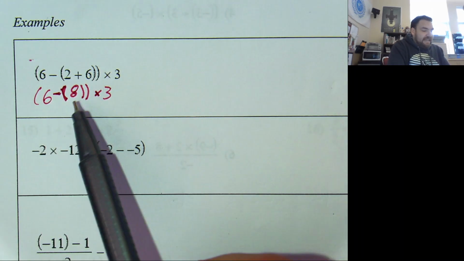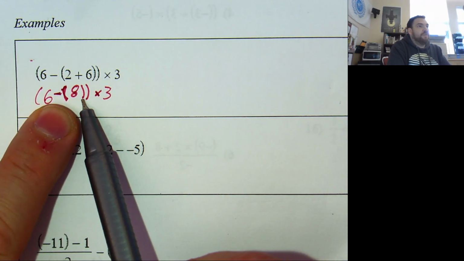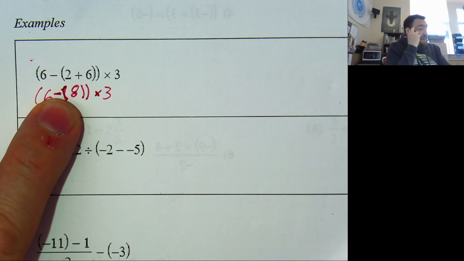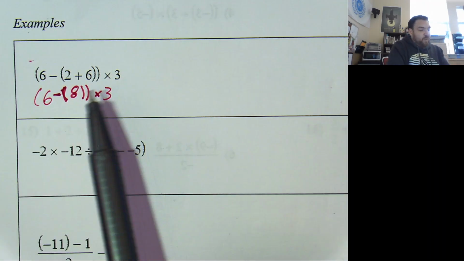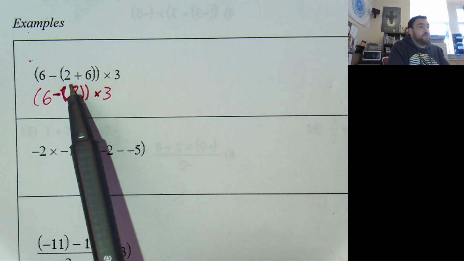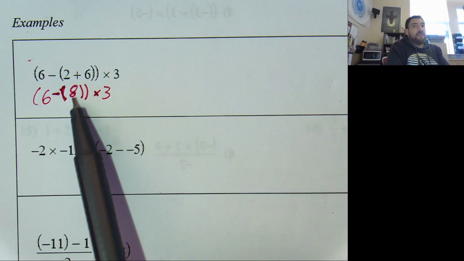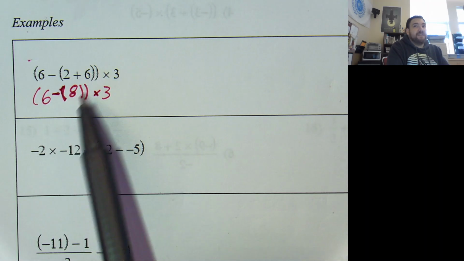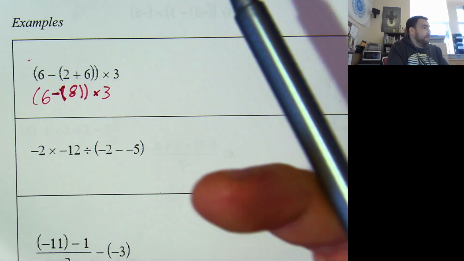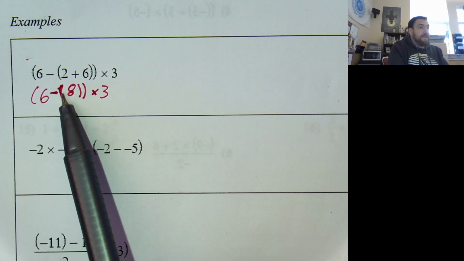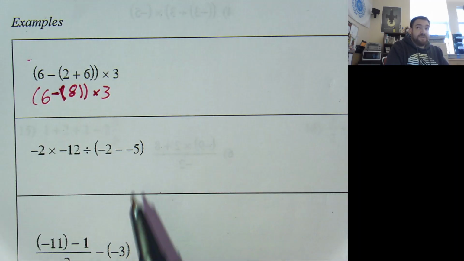The reason I left this set of brackets around the 8, and the reason why I want you guys to get into that habit, is because if this wasn't 2 plus 6, let's say this was 2 minus 6, and that would have been negative 4, then having the negative 4 in here, I would want to leave that set of brackets to make sure we didn't lose that negative anywhere. And then you'd see the double negative, and then hopefully treat that properly. We've got one of those questions coming on down here.